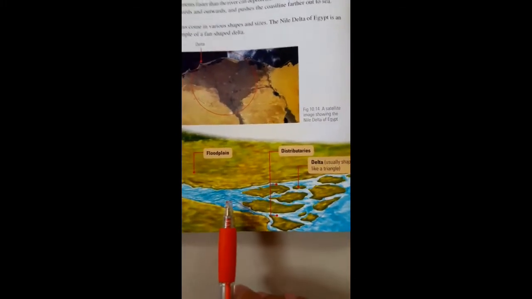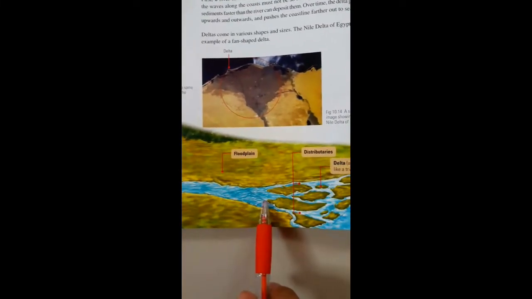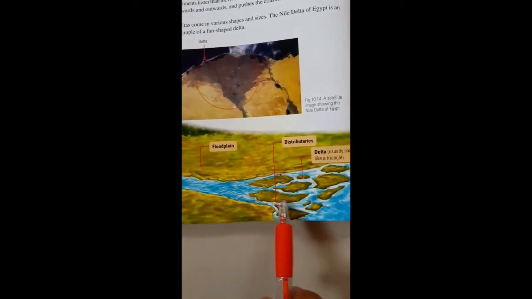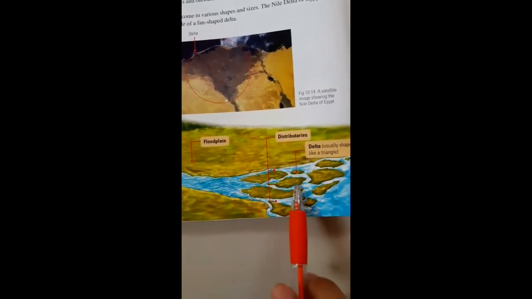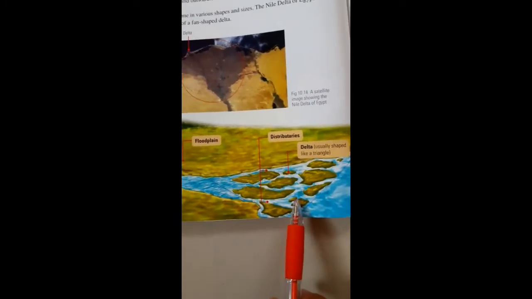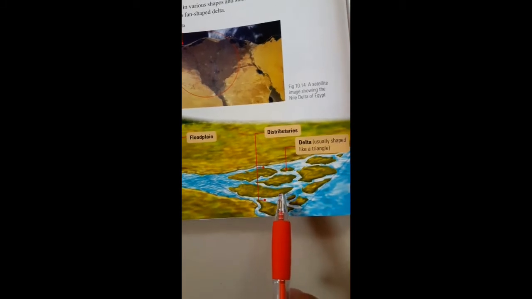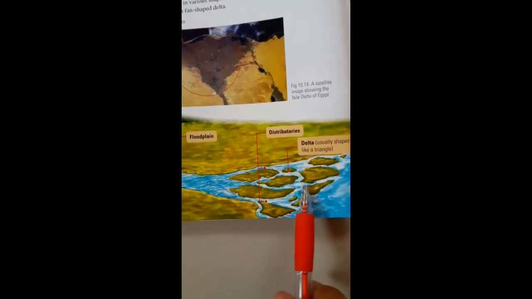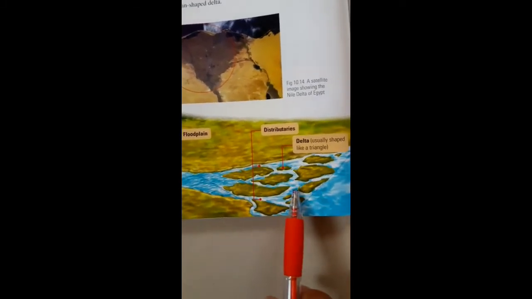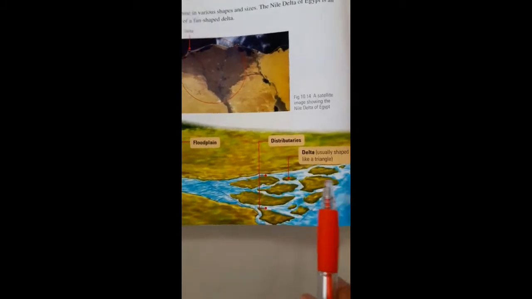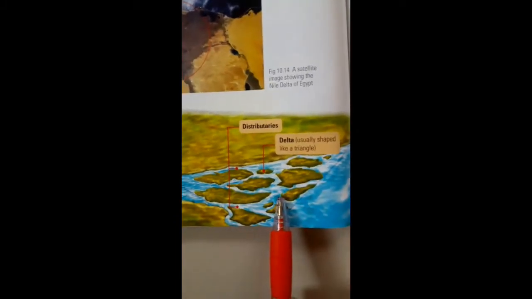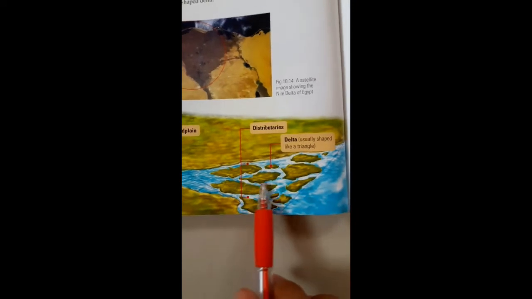As the river flows continually, like this one, it carries sediments. And the sediments are deposited here and they pile up on each other. Pile up together, and then a delta is formed. This is the example.